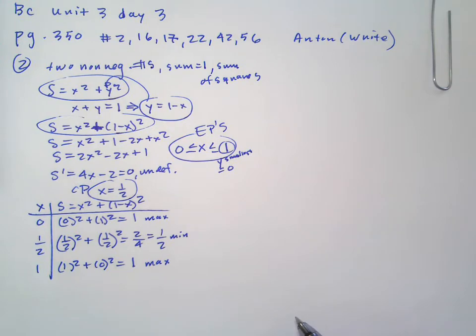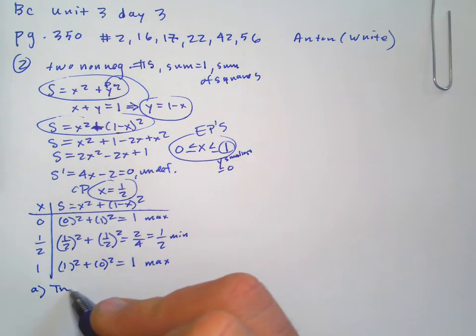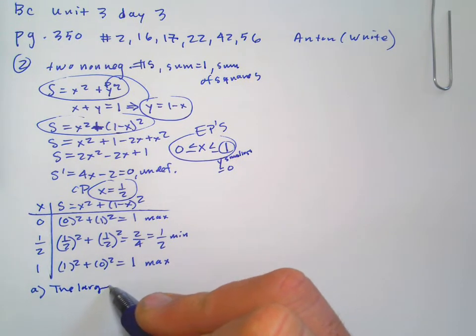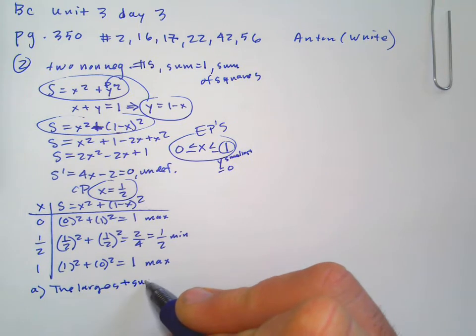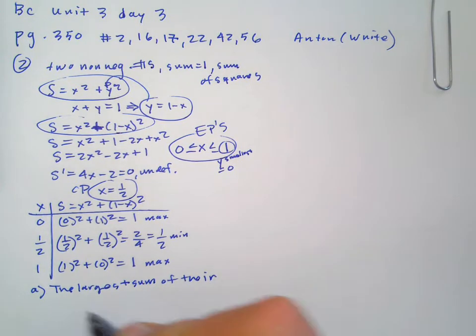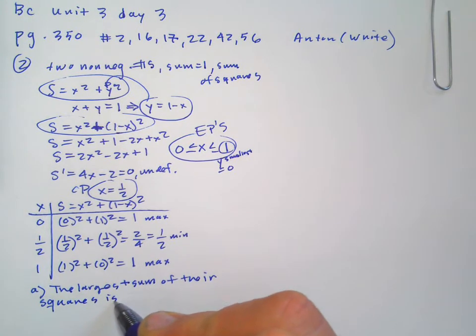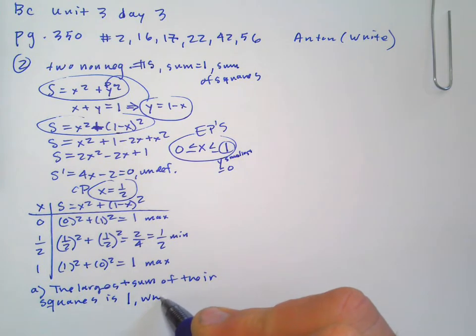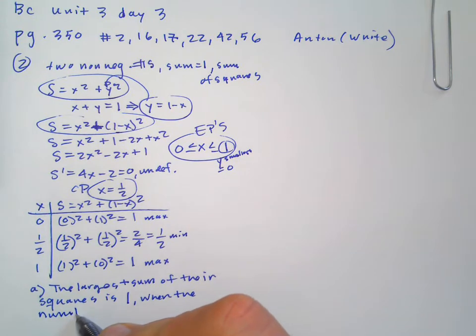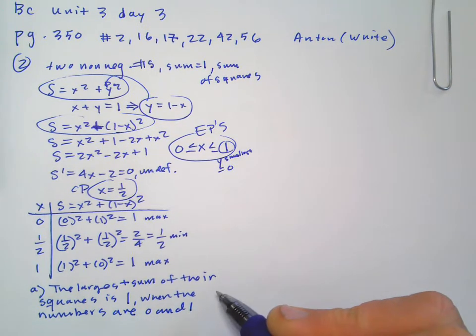And so part A said to find the sum as large as possible. So for A, the largest sum of their squares is 1 when the numbers are 0 and 1. 1 and 0 is the same thing.